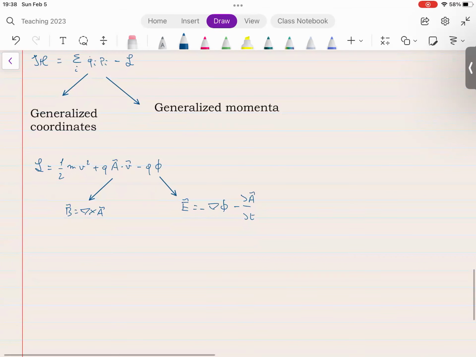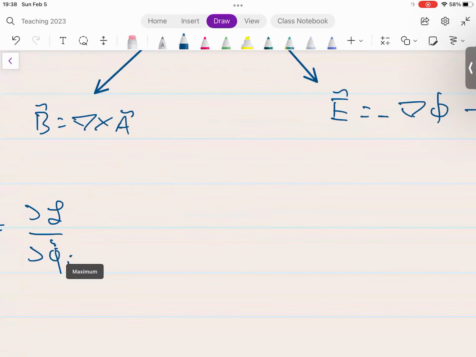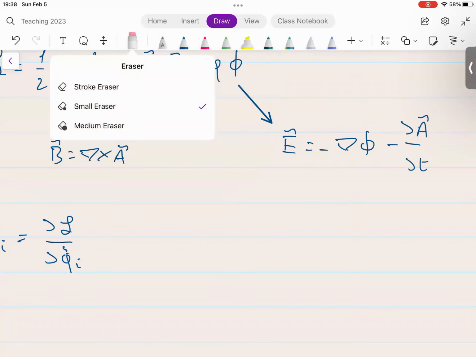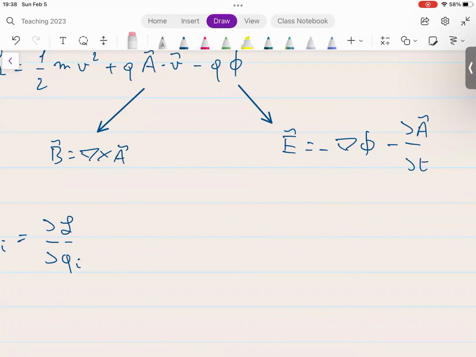Then once you have decided what your generalized coordinates are, you can calculate the momenta from the Lagrangian, taking the derivatives with respect to q dots. Here the dot is invisible. It's a bit of a mess here, and I just made it worse.